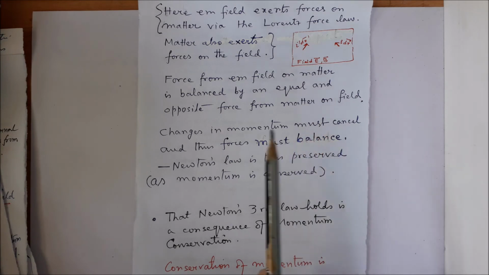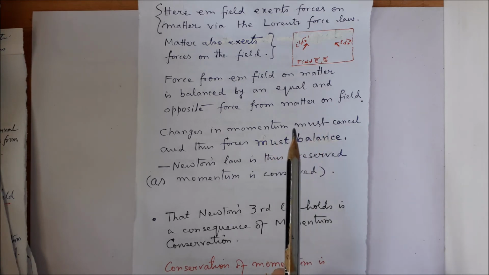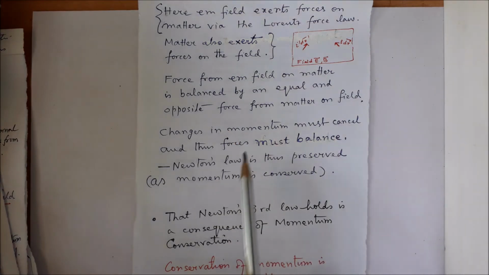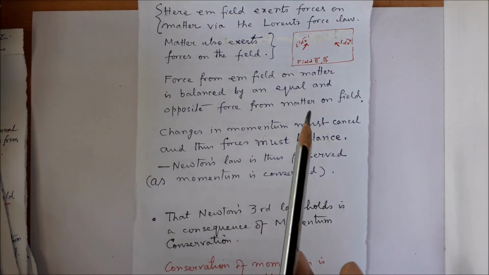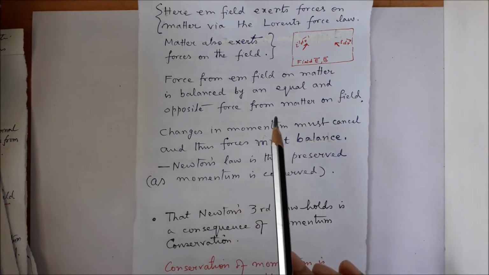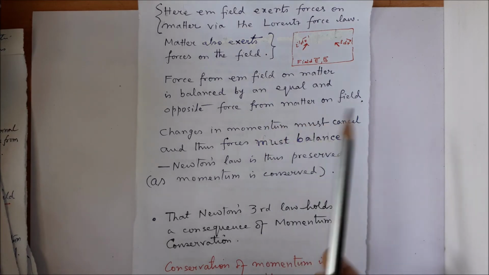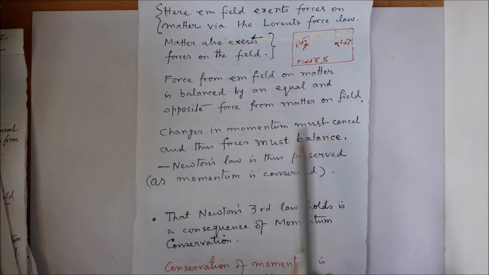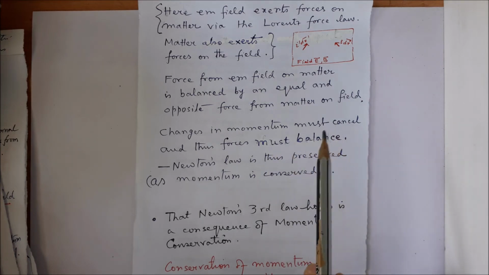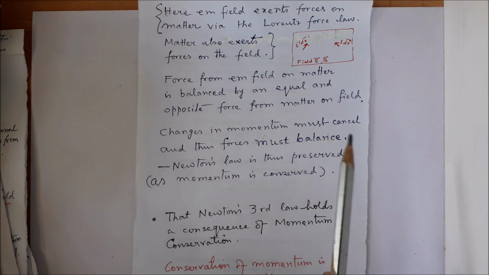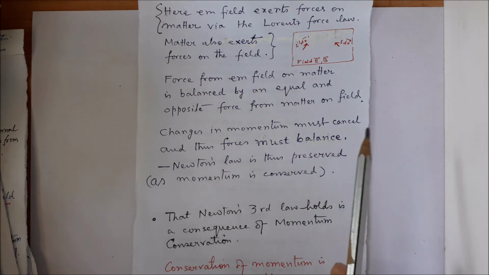We cannot leave out even a single run scored by someone. Here too, when every contribution, that is contribution of matter or charges as well as of the field, is considered, momentum is conserved. And this means no net force, and hence forces must balance, which is Newton's third law.